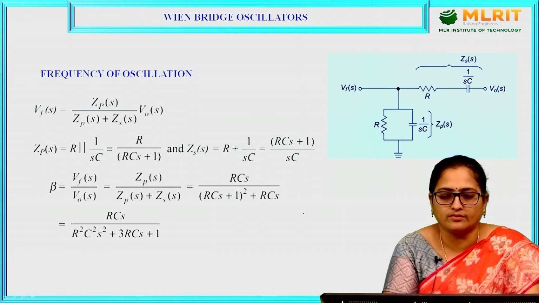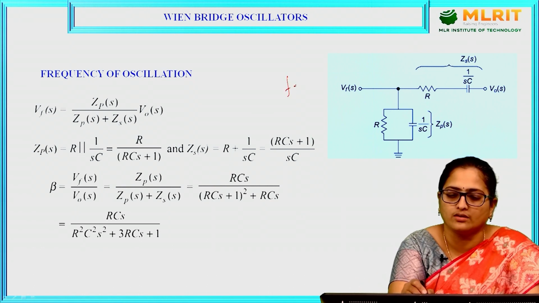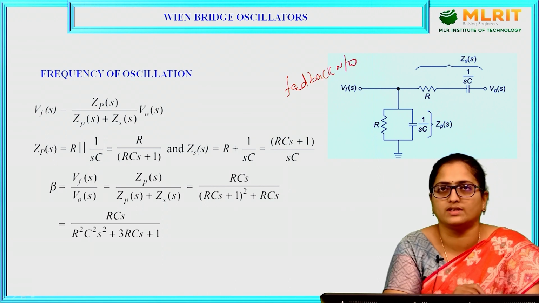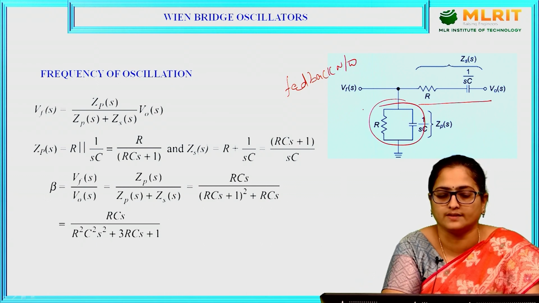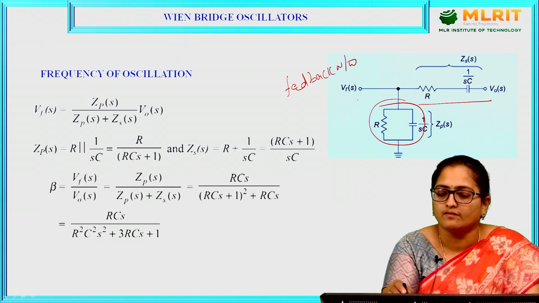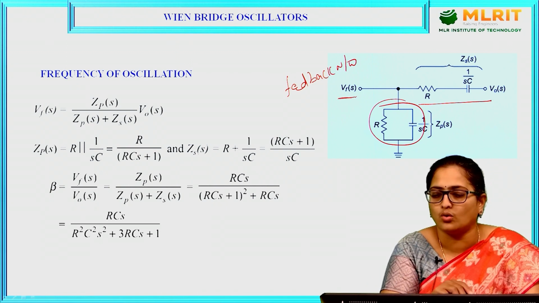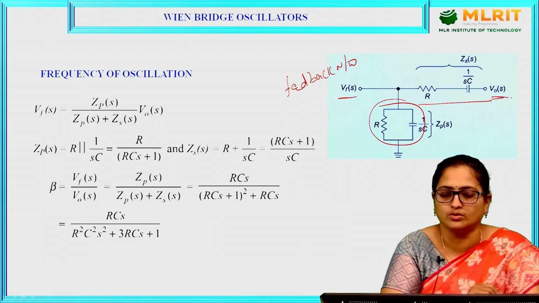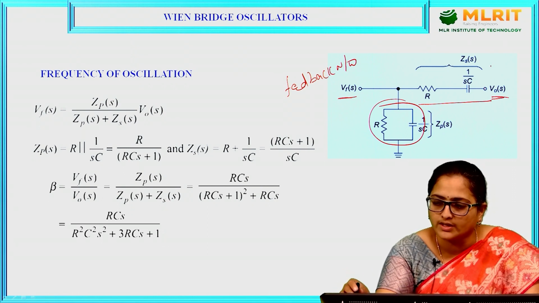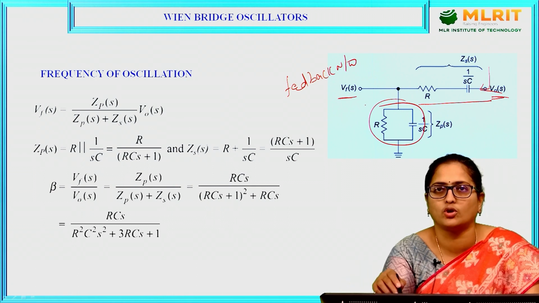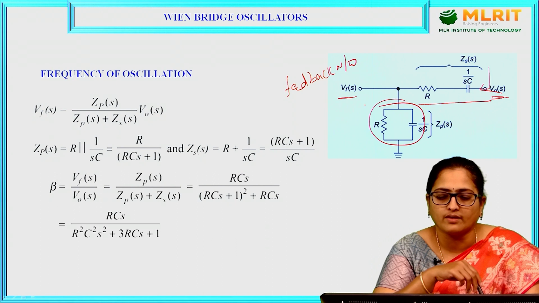How to find out the frequency of oscillation? First, we will consider the feedback network, which is a series connection of RC and a parallel connection of RC. So, let us assume Vf is the feedback voltage, V0 is the output voltage. So, this is the output voltage of the amplifier given to the input of the feedback network, and Vf of S is the output voltage of the feedback network.